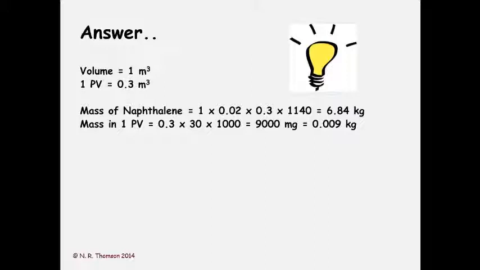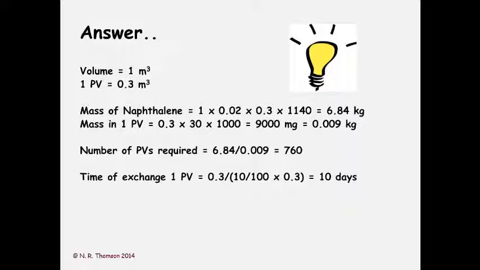If we assume that all of that is at the solubility level in the pore space, that is approximately 0.009 kilograms of dissolved mass. Take the amount of mass of naphthalene, divide by the mass in the dissolved phase within 1 pore volume, and you would very quickly see you would have to pass through 760 pore volumes of fluid through the 1 meter cube block.